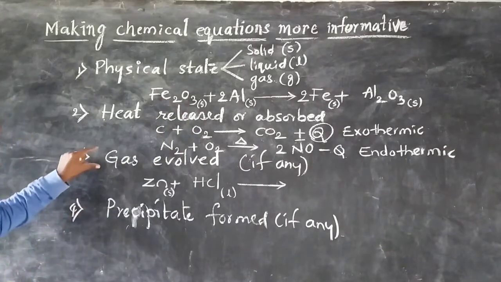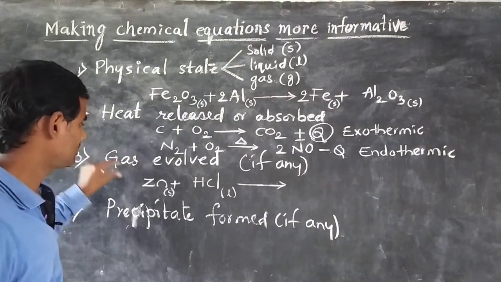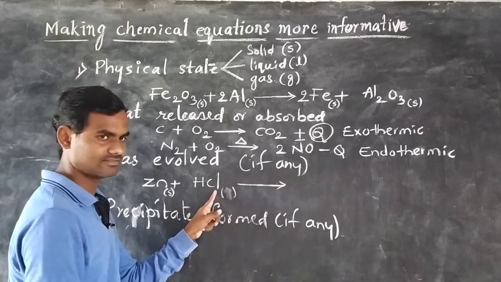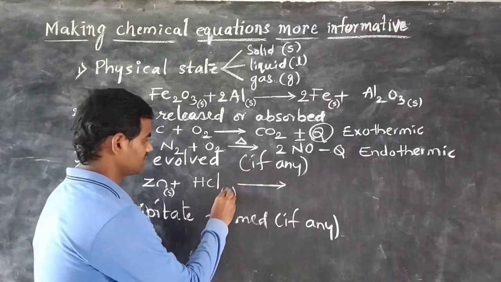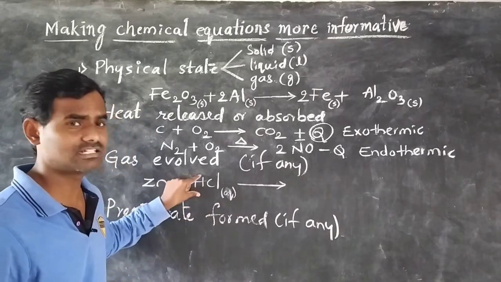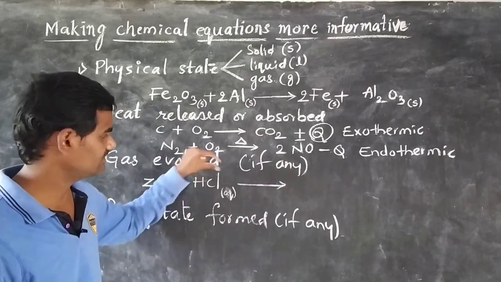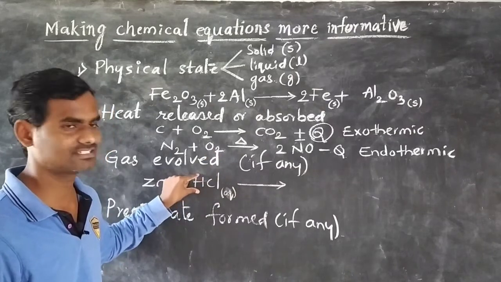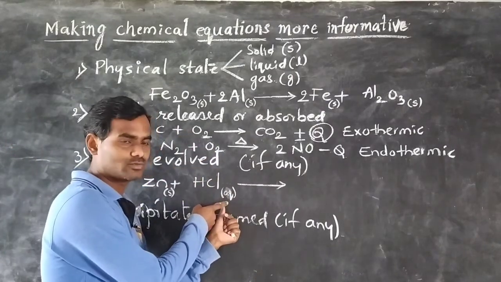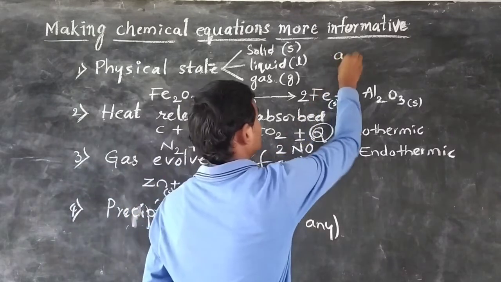Next, the third one, gas evolved. When zinc reacts with hydrochloric acid, which is in aqueous form, it means we are dissolving HCl in water. If any substance is dissolved in water, we write it as an aqueous solution, AQ.